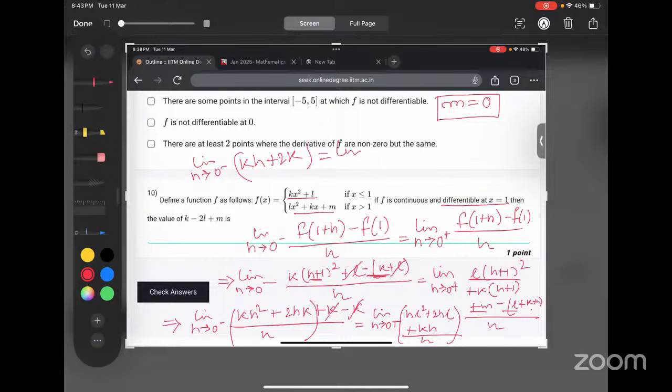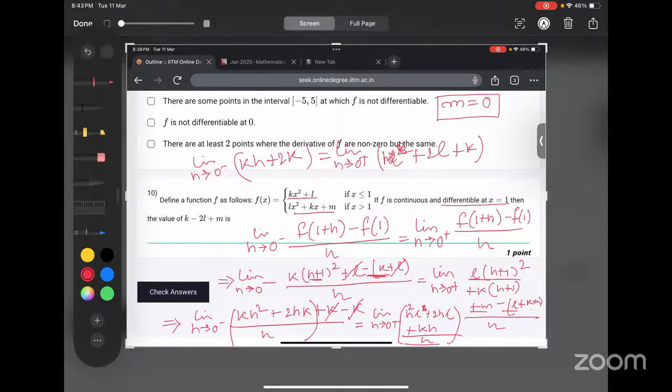Equals to limit h tending to 0 plus, here again we will take h common from the numerator, then we will cancel it with the denominator, right? Then we will get hl plus 2l plus k, right?